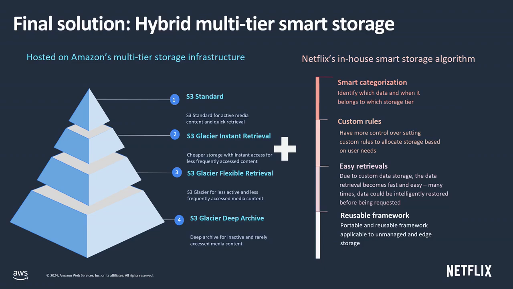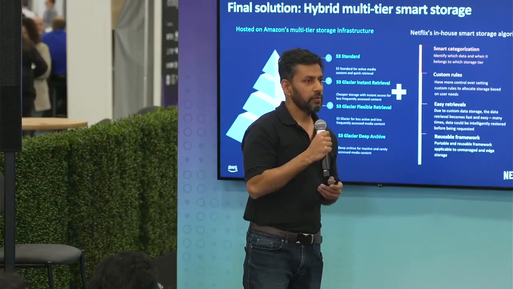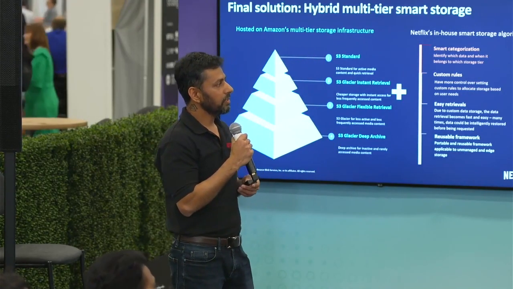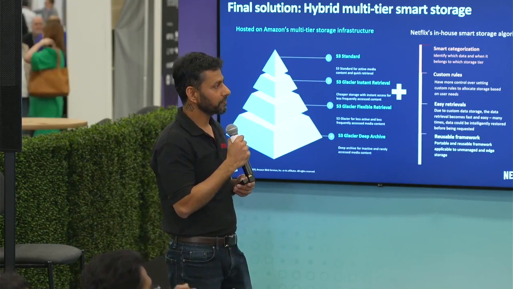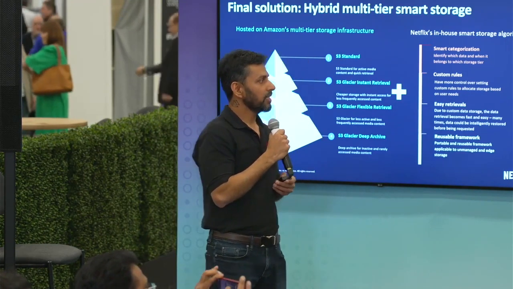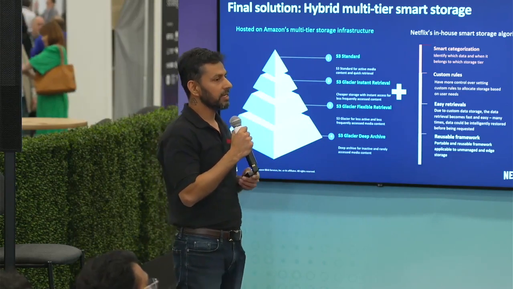And this is our final solution. So what we did was we leveraged a lot of S3 storage tiers, and we built a smart solution on top of it. And these are the 4 smart things it does. First is the smart categorization.